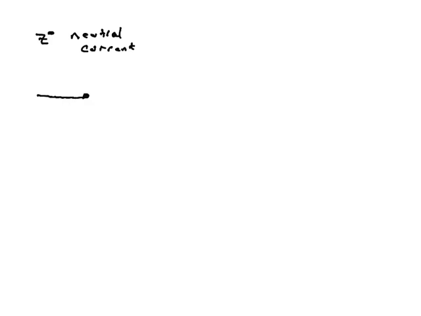You have some fermion. It could be any of the fermions. So L, Q, nu, neutrino. Here we have our Z. Here we have our L, Q, or nu. All right, so what do we know about this?